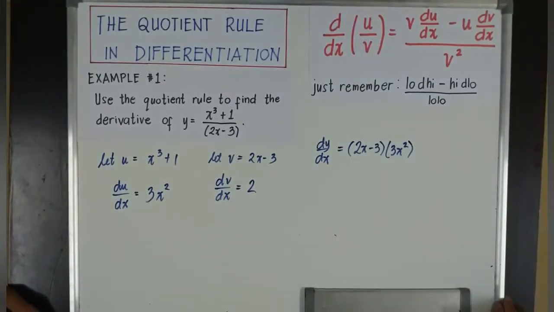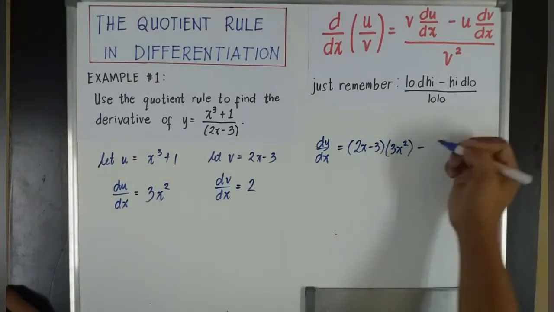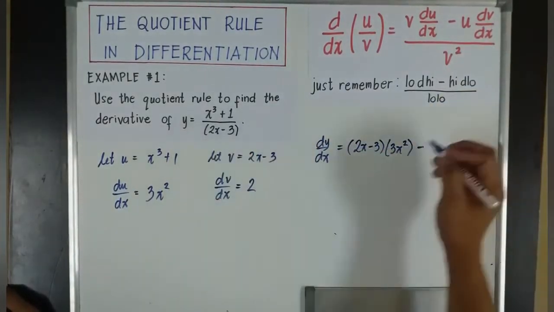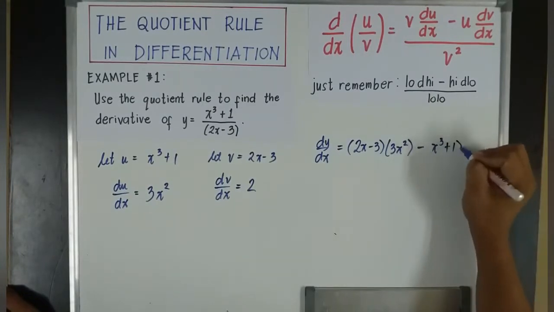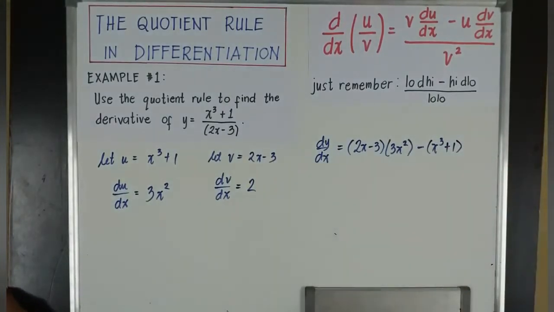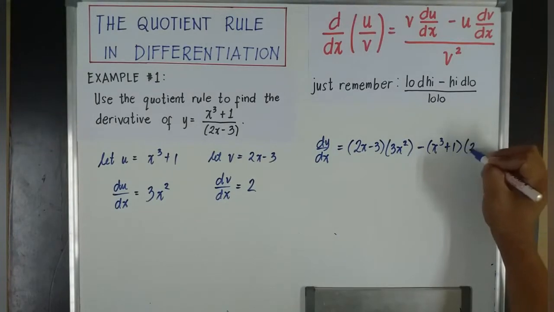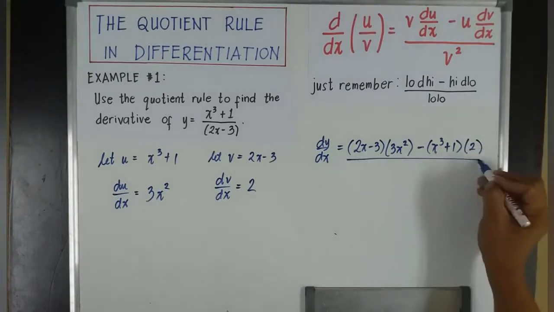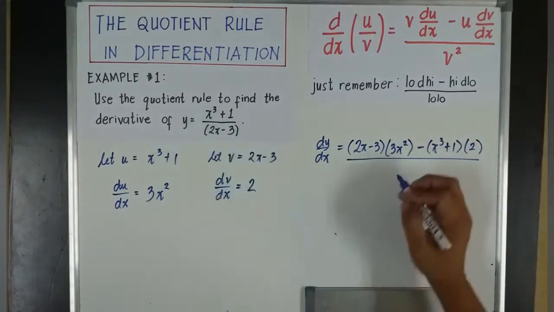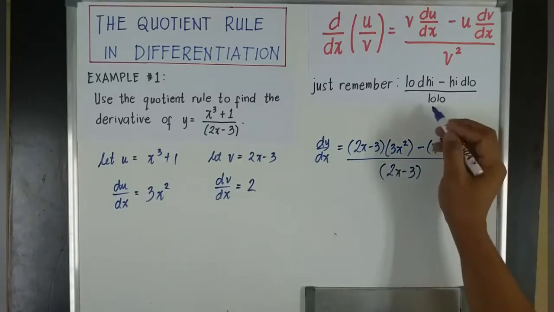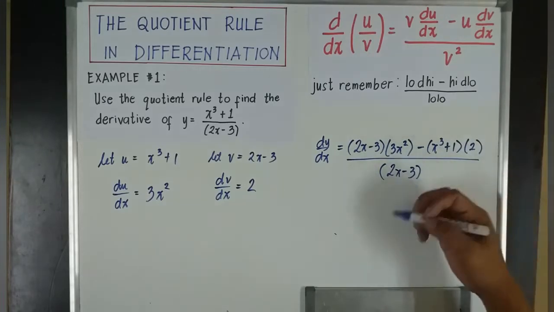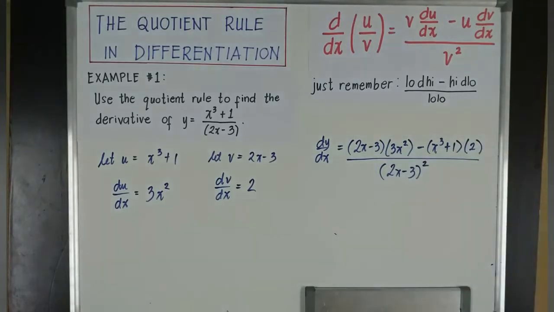Next is minus the one on the numerator, x cubed plus 1, multiplied by dv over dx, the derivative of the one below, so times 2. Divided by the one below: low times low, 2x minus 3 times 2x minus 3, or squared.